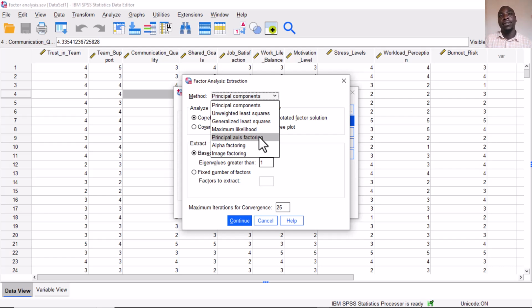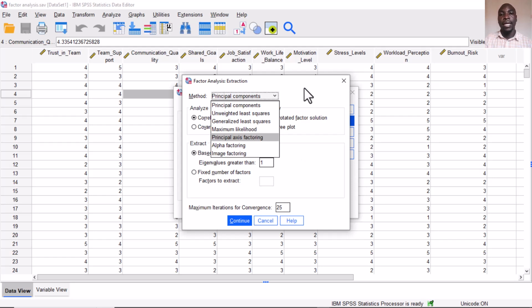Whenever someone talks of factor analysis, this is what it is referred to here as principal axis factoring in SPSS. To understand which one to choose among these two, the principal components and principal axis factoring, we are going to look at our PowerPoint for explanations.